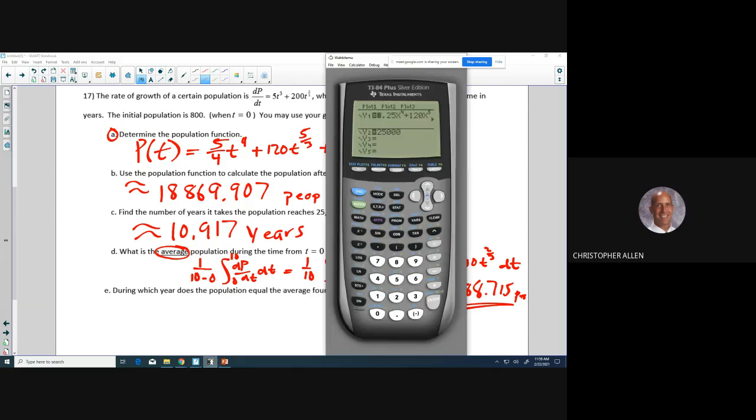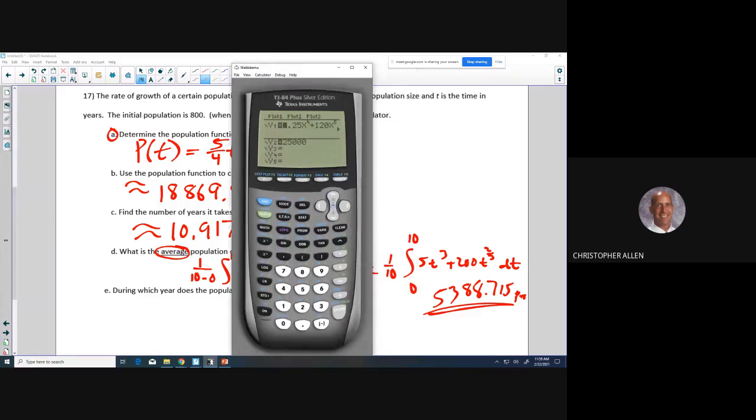Let's see how that works. I'm changing Y2 to 5388.715, and I rounded that, so I might be off from the answer in the book, but let's see.